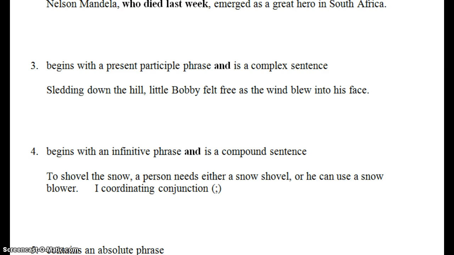And your coordinating conjunctions, again, are your FANBOYS, followed by another I, or independent clause, followed by a period. So one of the things to keep in mind here is you need a subject verb, coordinating conjunction, subject verb. You need it on both sides of the sentence.